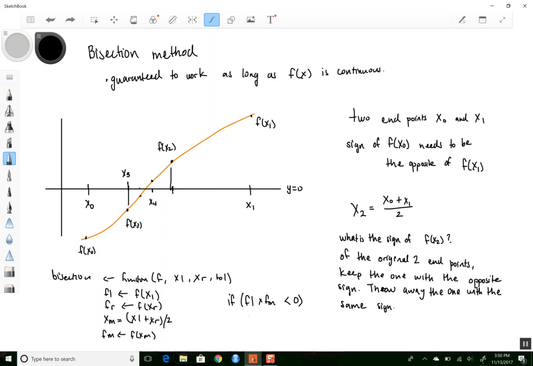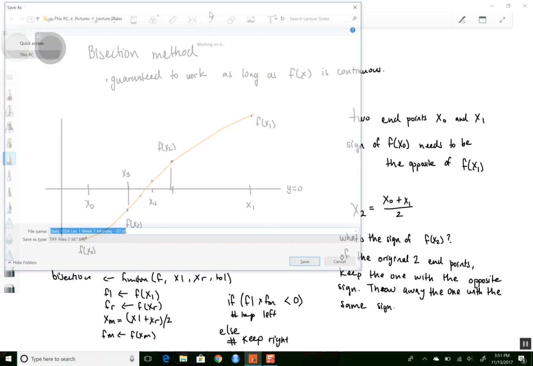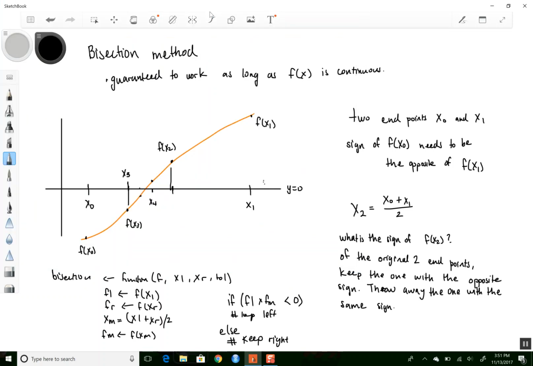Basically, you're going to keep the left, and the else, meaning that it's greater than 0, you would keep the right. And you would work your code that way.